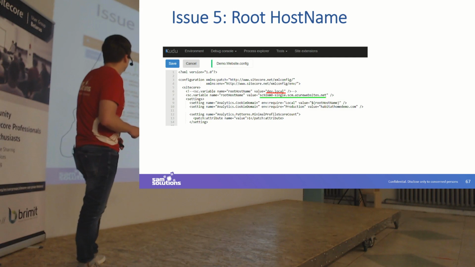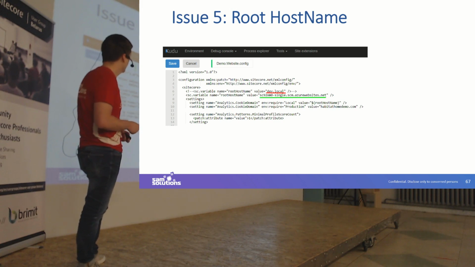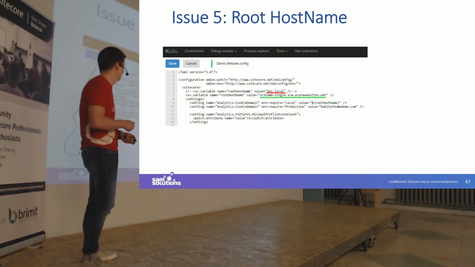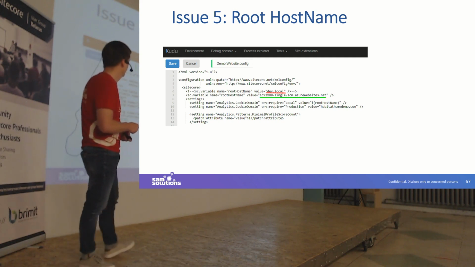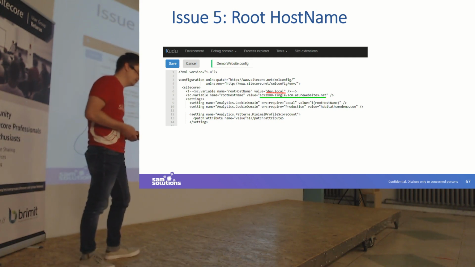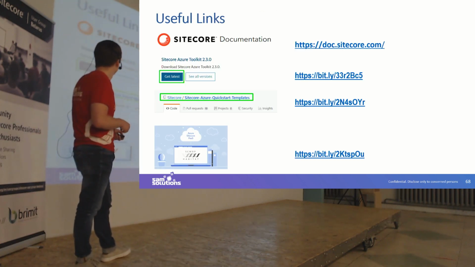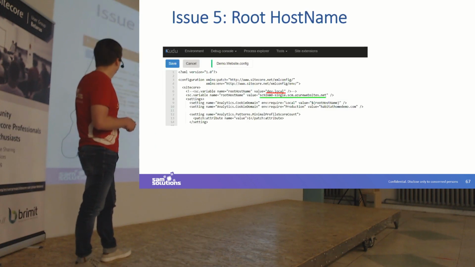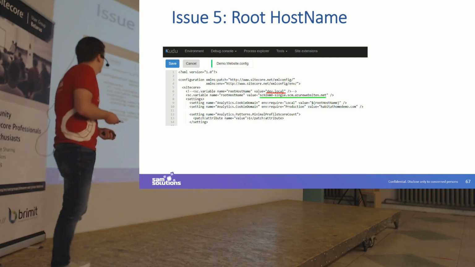And also after that, I need to change the host name, because as a demo site, Habitat has a dev local prefix. I added the real one, just provided during Azure deployment. And that's all. These are all the issues I grabbed and fixed.